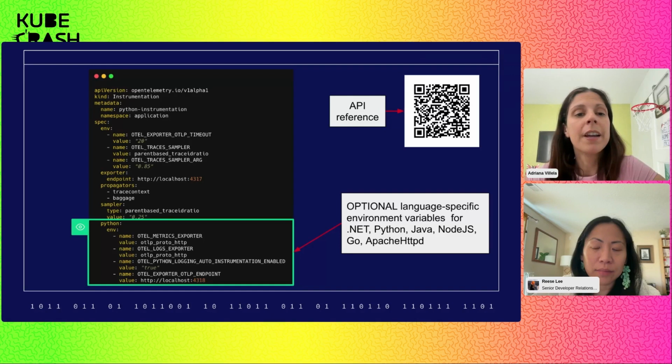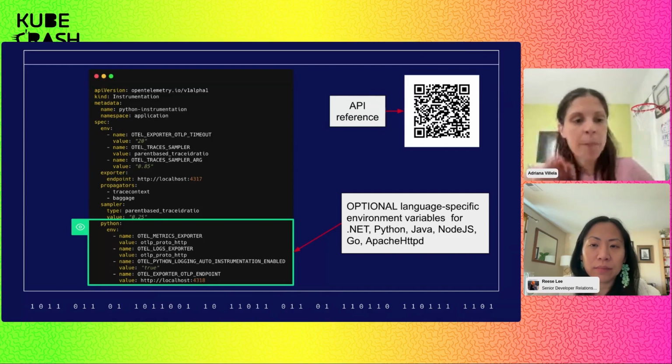Now, if you were doing auto-instrumentation for other languages like Java or .NET, then you would replace Python with Java or .NET or whatever other language is supported for auto-instrumentation by the operator. And the nice thing about this is that you can have a single instrumentation resource to configure auto-instrumentation for multiple of your services.